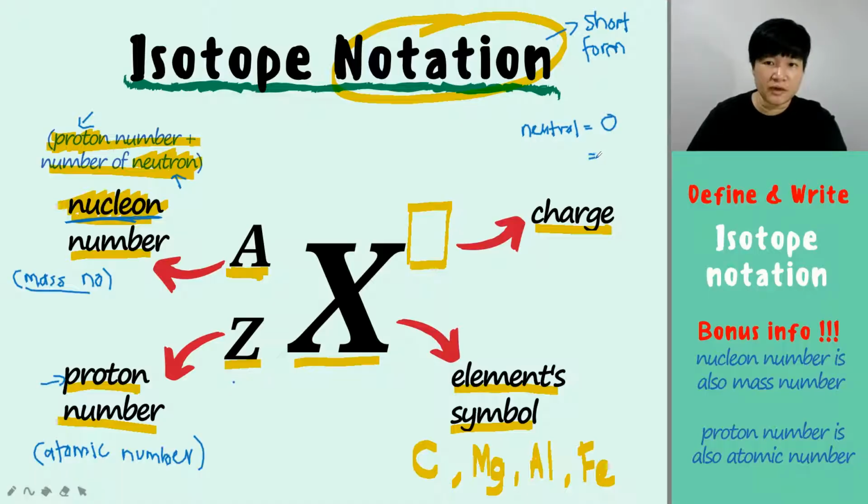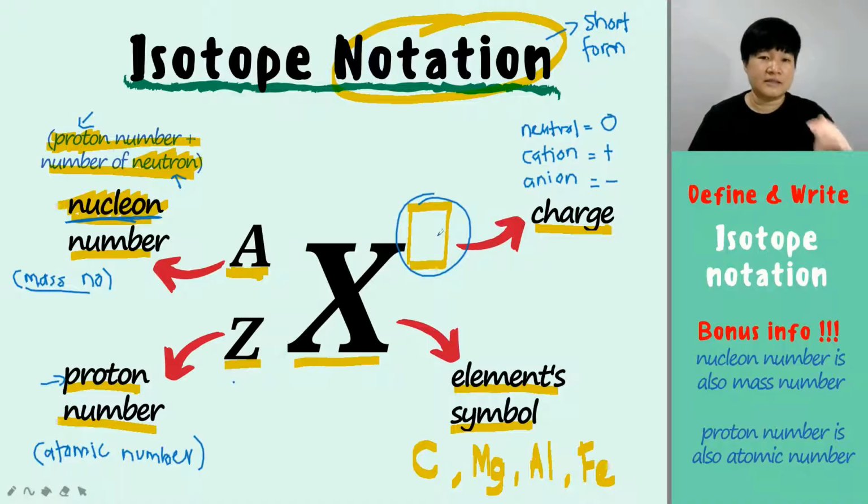If the charge is positive, positive 1, positive 2, positive 3, and so on, then it means it's a cation, obviously, your positive ion species. Last but not least, if the charge is negative 1, negative 2, negative 3, that means it's an anion. So the charge will be in this area.